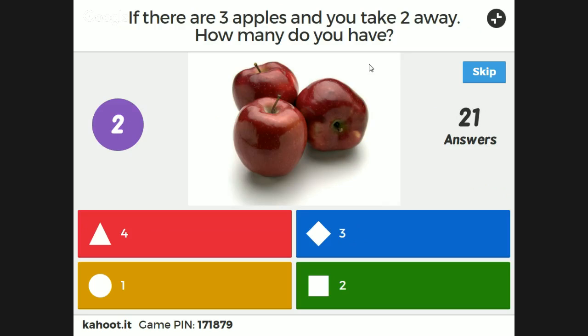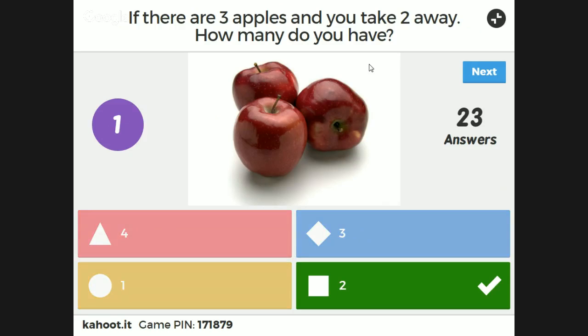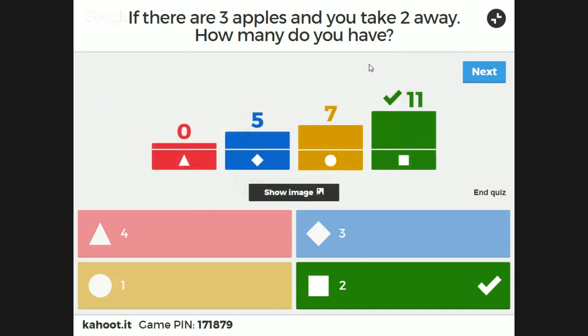Three, 2, 1, and the reason being, if there's 3 apples on the table and you take away 2, how many do you have? You've taken them. Very sneaky.